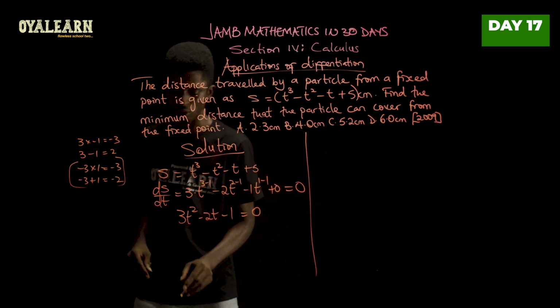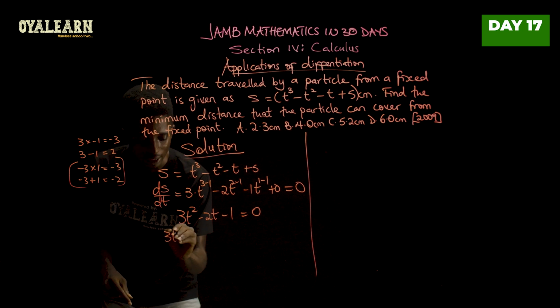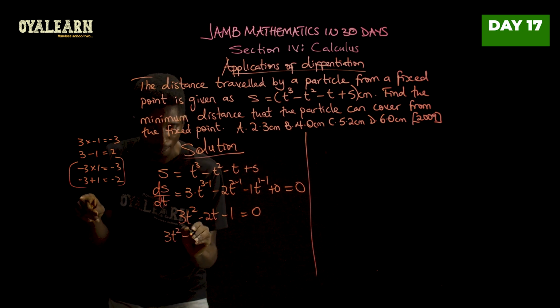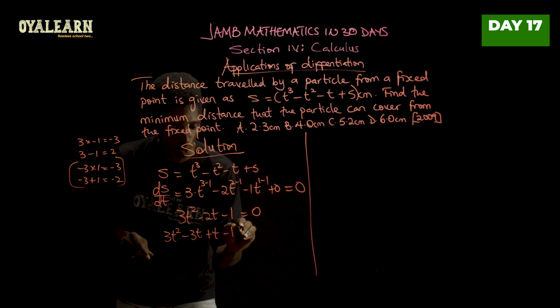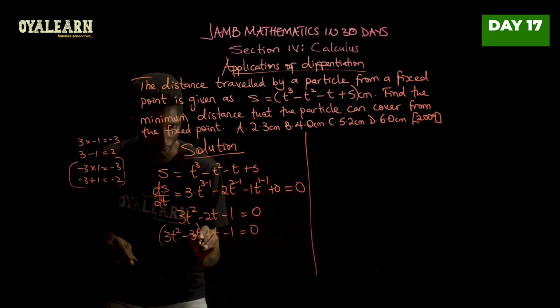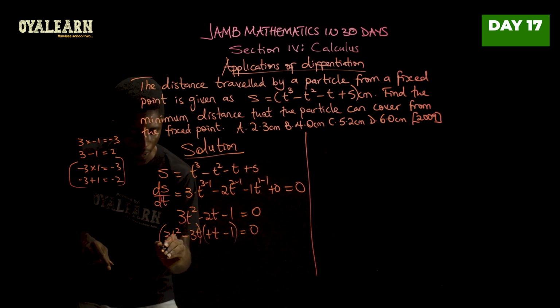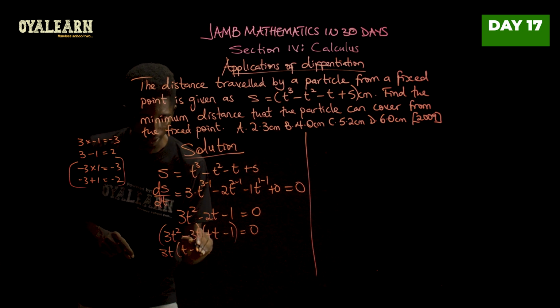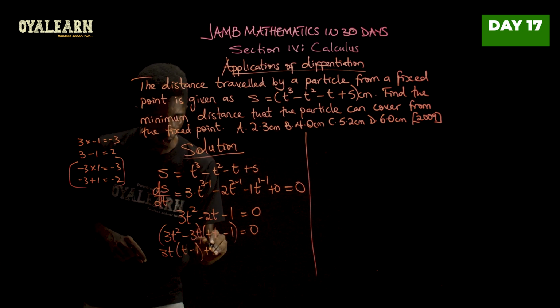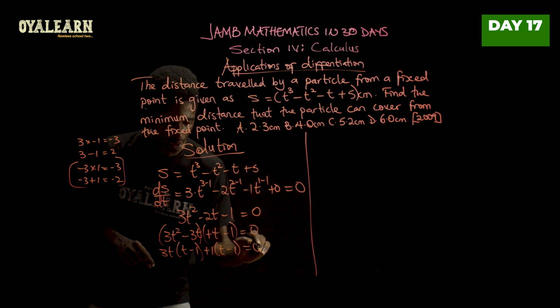Now let's plug that into this point. We then have 3t squared minus 3t plus t minus 1 equals 0. So we group like this. From here we have 3t in common, leaving us with t minus 1. And here we have plus 1 in common, so leaving us with t minus 1 equals 0.